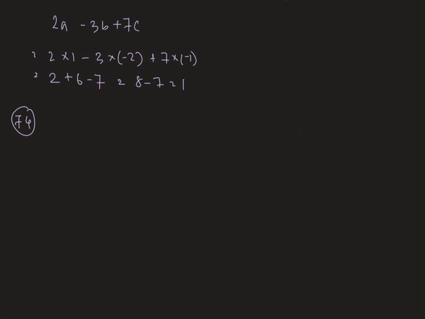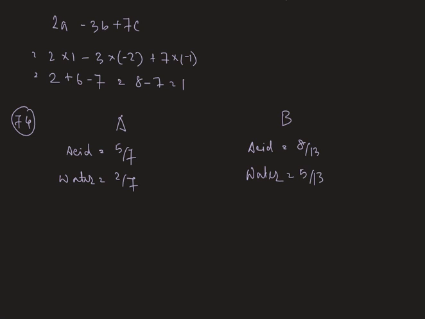So we have two vessels, vessel A and vessel B, where we have acid and water. In vessel A, the proportion of acid is 5/7 and the proportion of water is 2/7, and in vessel B the acid proportion is 8/13 and the water proportion is 5/13.